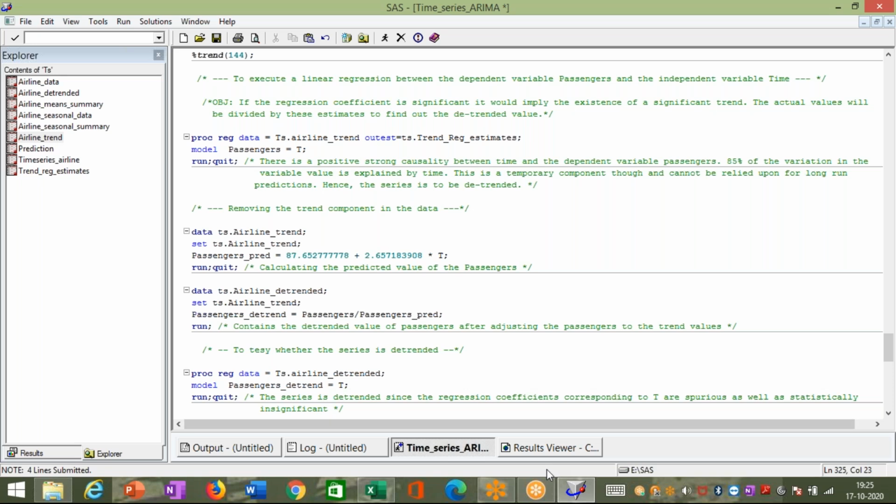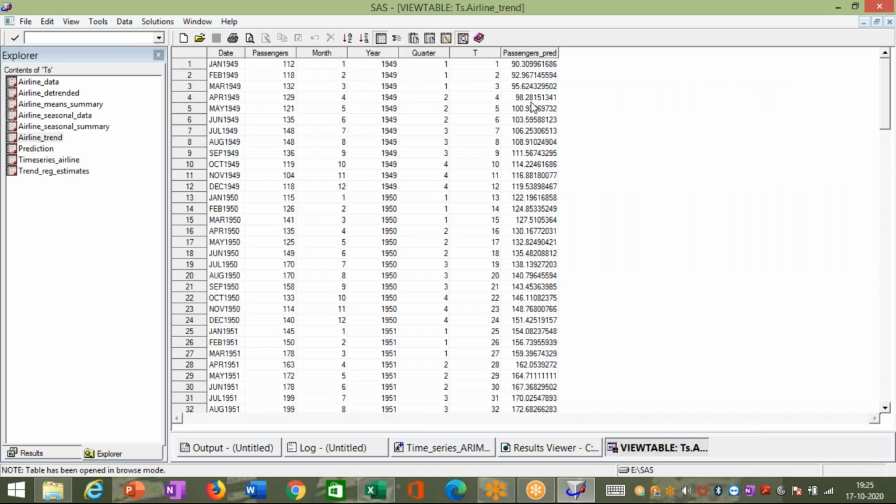So now if I subtract this part which is due to trend regression, if I remove that part, then the remaining series that I will get will be your passenger counts, that will be your detrended series.